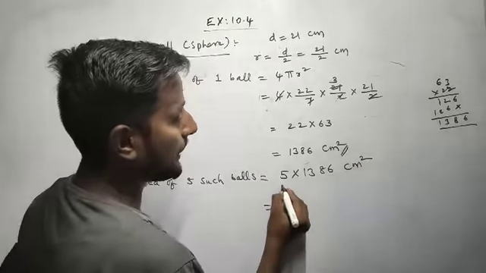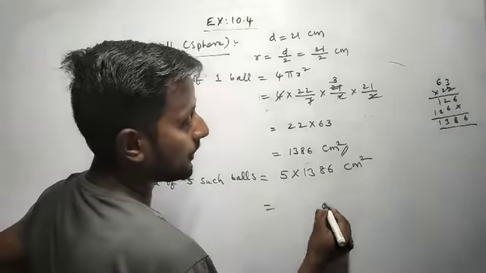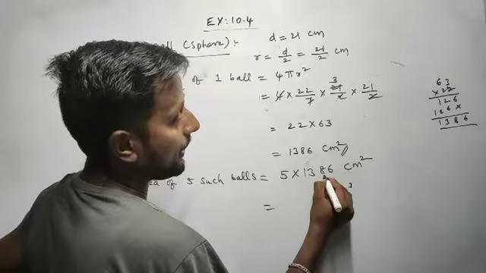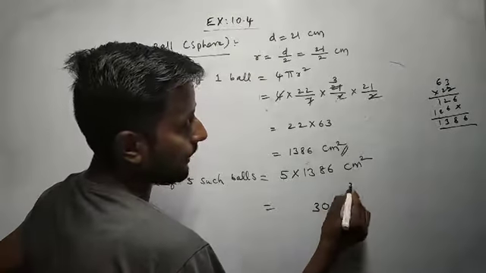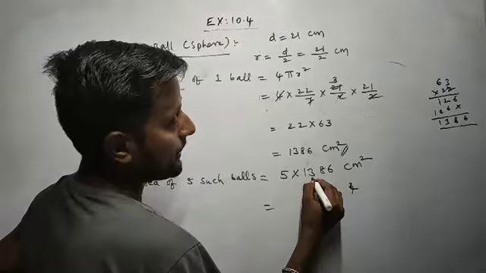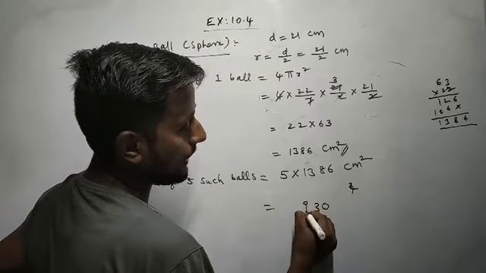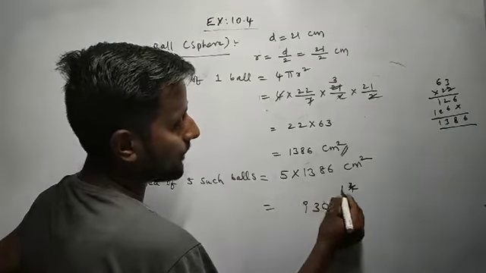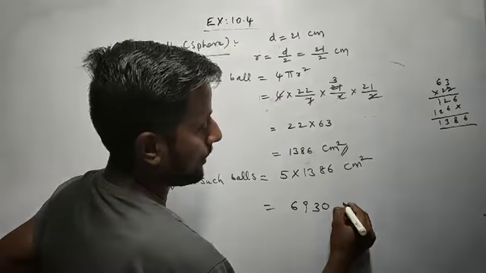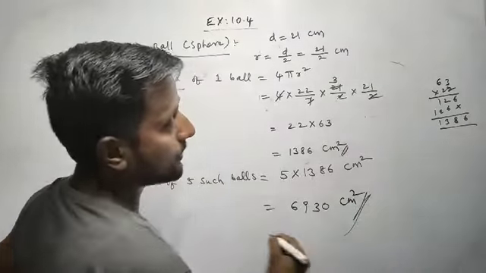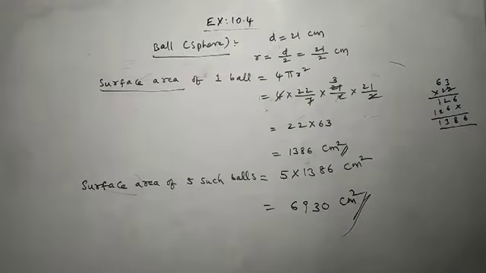So we'll multiply directly. 5 6s are 30, 3 carry. 5 8s are 40 plus 3, 43, 4 carry. 5 3s are 15 plus 4, 19, 1 carry. 5 1s are 5 plus 6. So we need 6930 centimeter square of cloth to make such 5 balls.